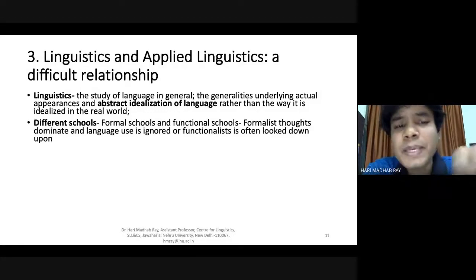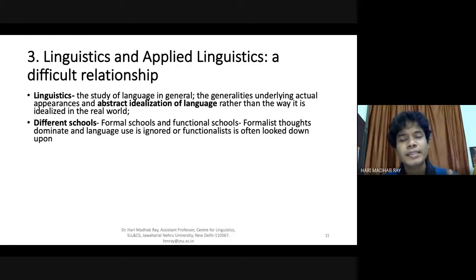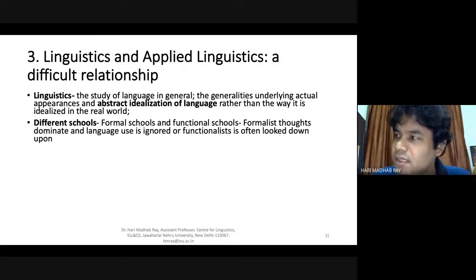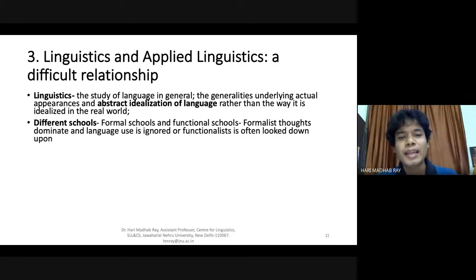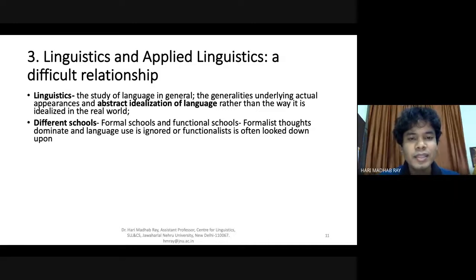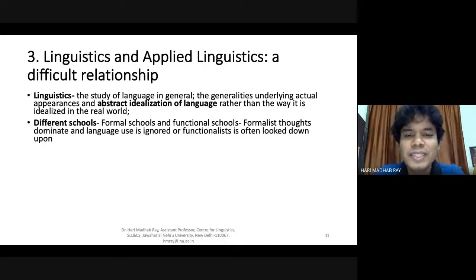There are many people who try to make a synthesis between these two schools, the formal and functionalist schools. John and Nichols is one of them. At times they have their own ego, so formalists don't talk to the functionalists, and functionalists don't talk to the formalists.